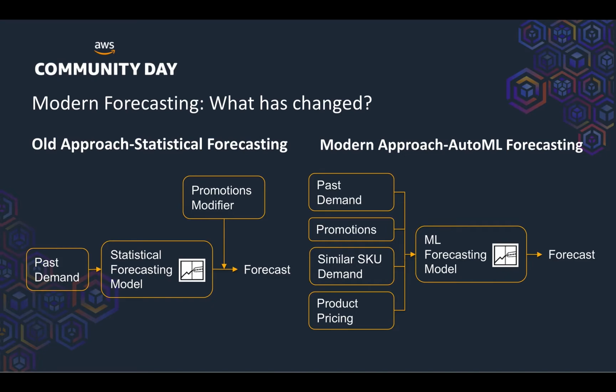The promotions are only applied as a modifier in this case, while the modern approach involves AutoML, which includes both deep learning models and probabilistic models. For the forecast, the modern approach carries more probabilistic information instead of a single output. It also has the advantage of being able to run forecasting on new products and capturing random spikes.